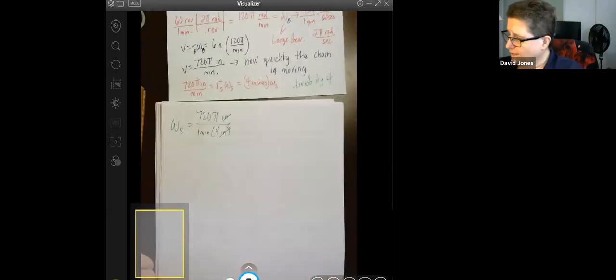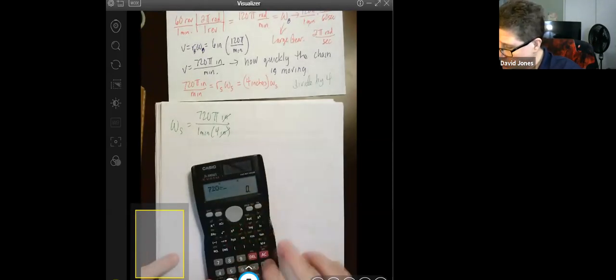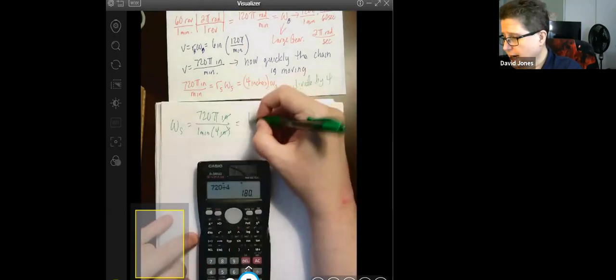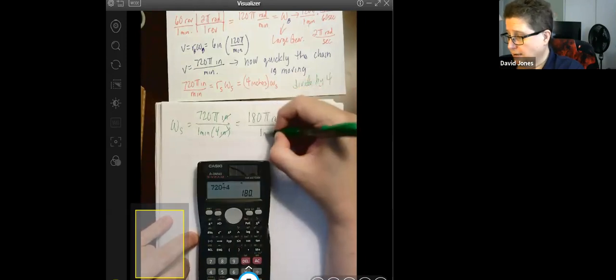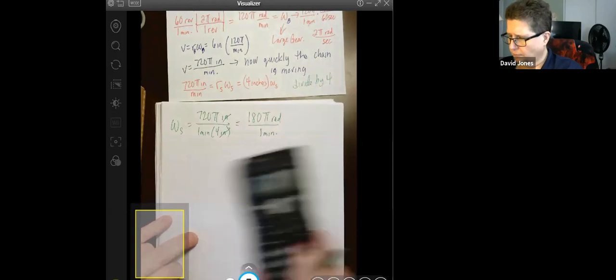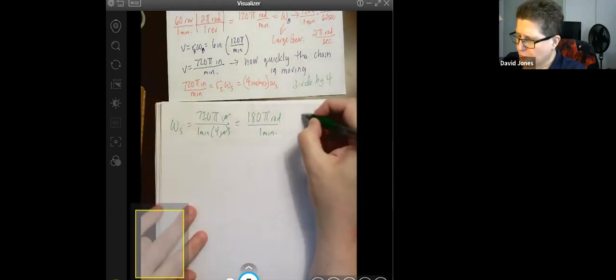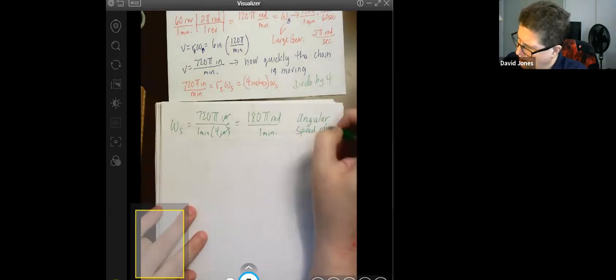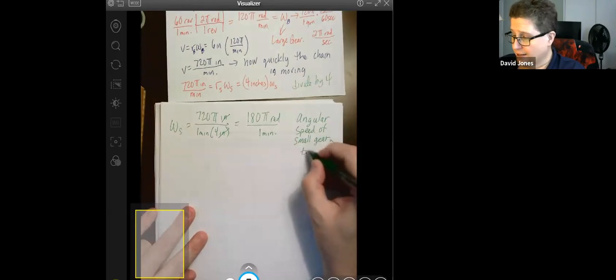What is 720 divided by 4? 180. So omega_S equals 180 pi radians per minute. So that's the angular speed of the small gear. And it's attached to the tire, which means it's the angular speed of the tire.